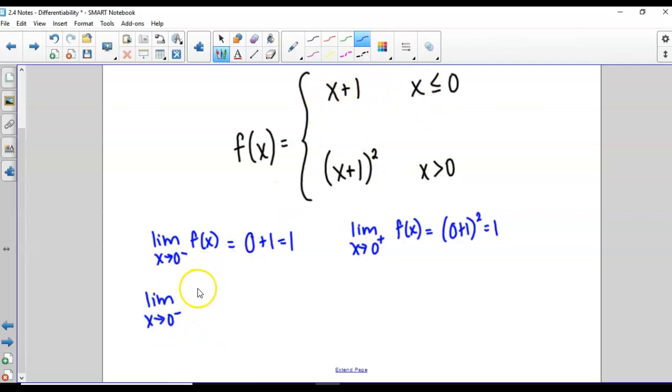So we would do f of x, which would be x plus 1, minus f of 0, which in this case, using that left function, would be 1, all over x minus 0.